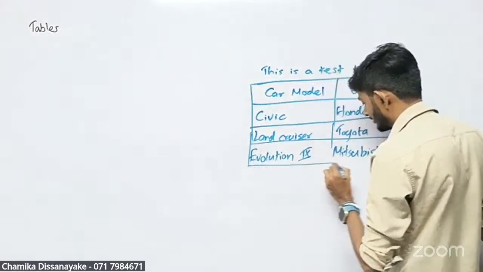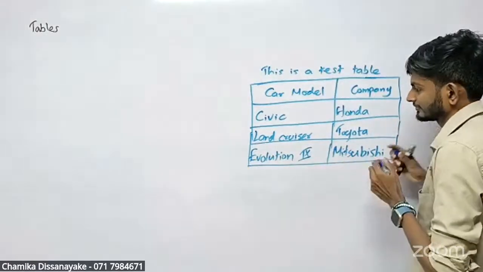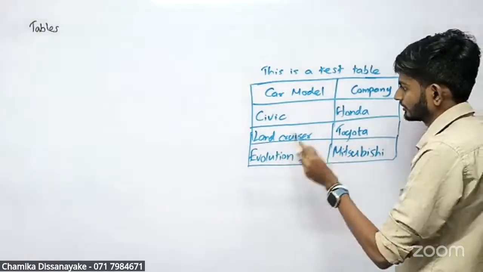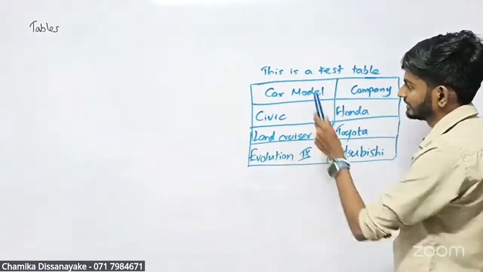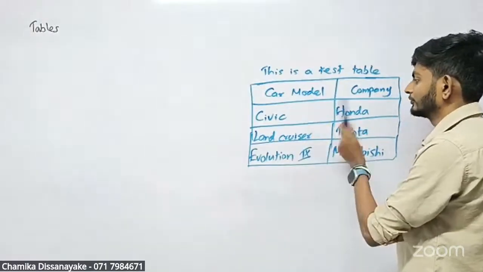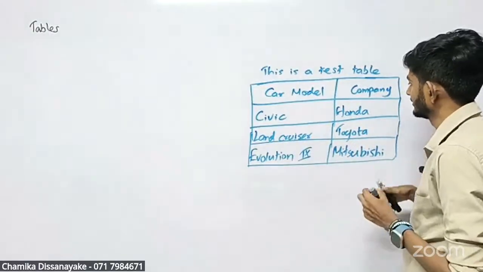We have only 3 rows. With the first one we have 4, and we have 2 columns, right?